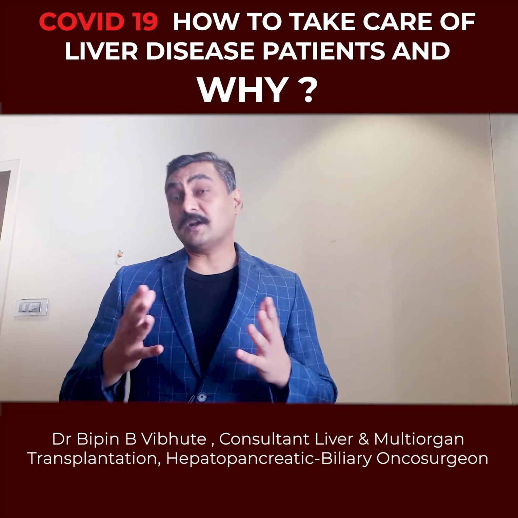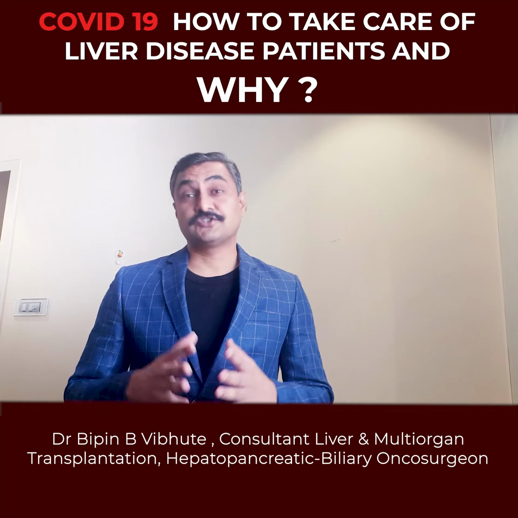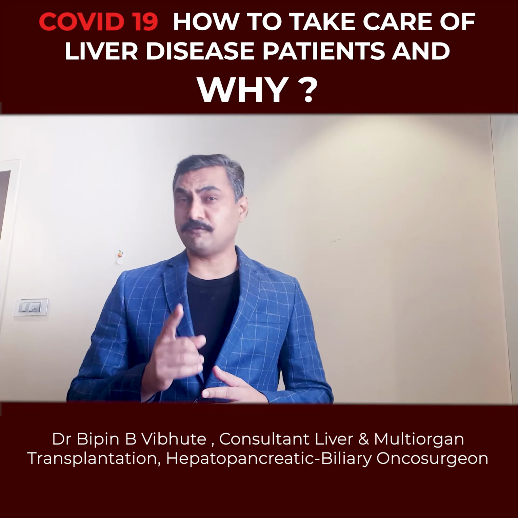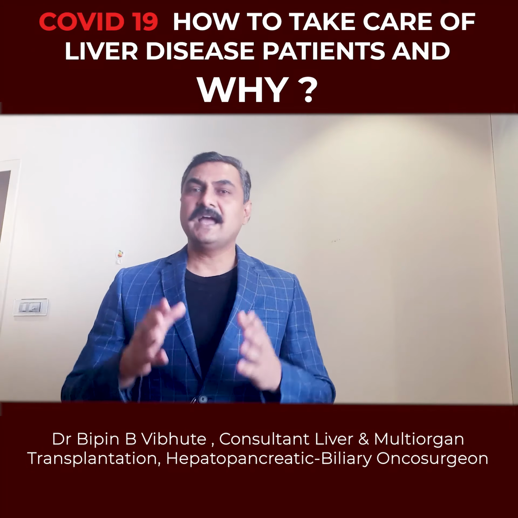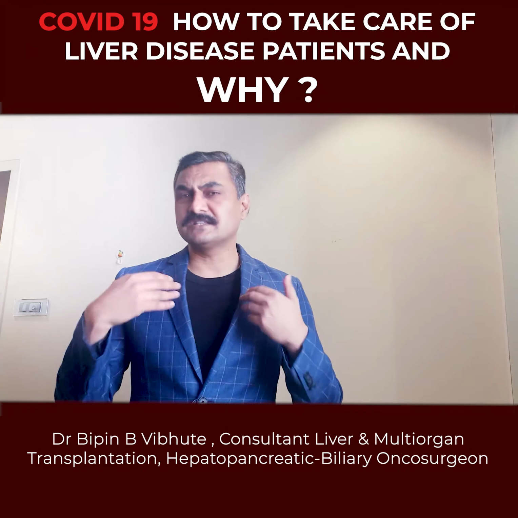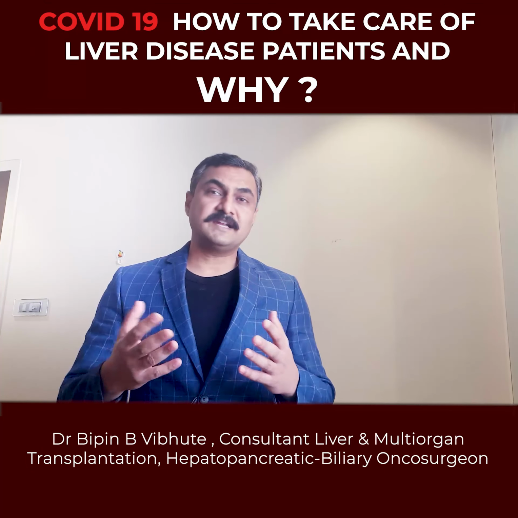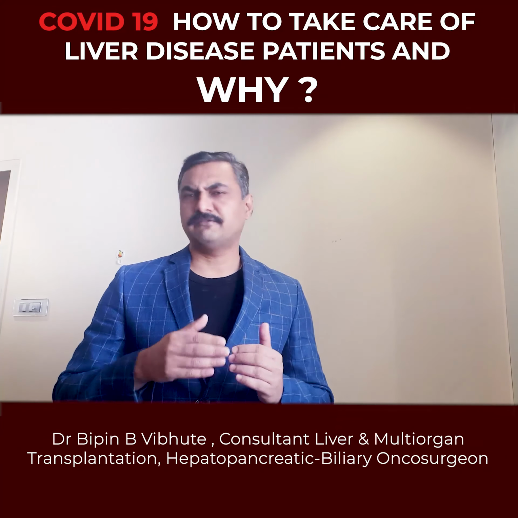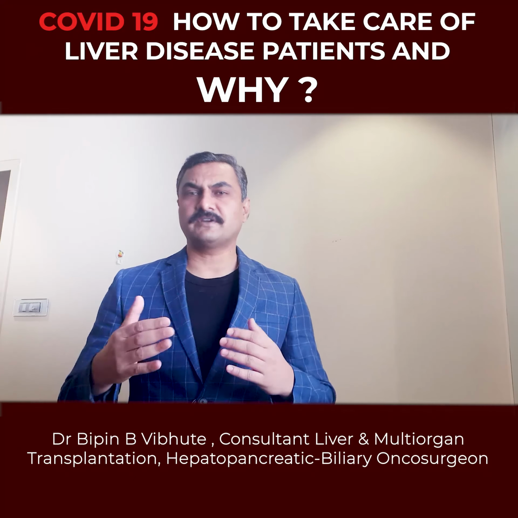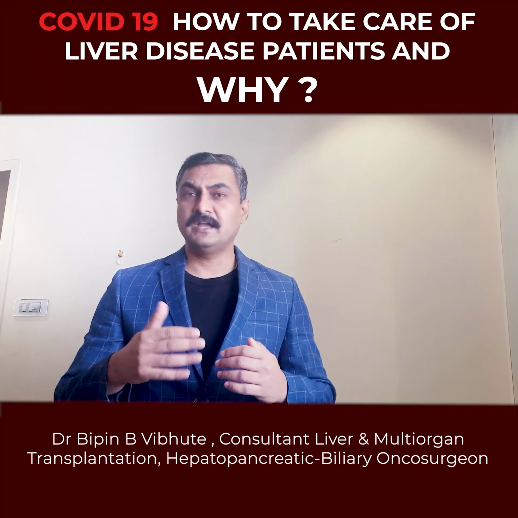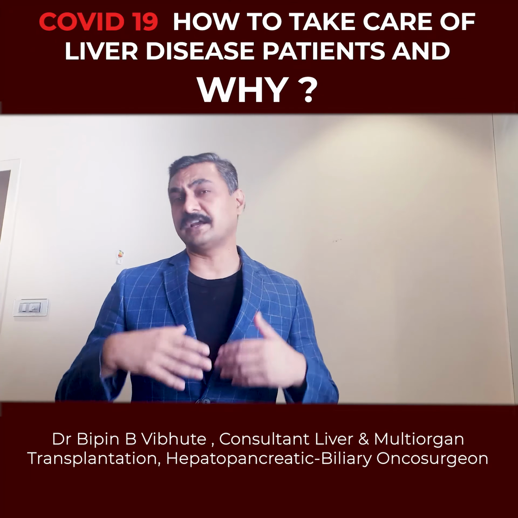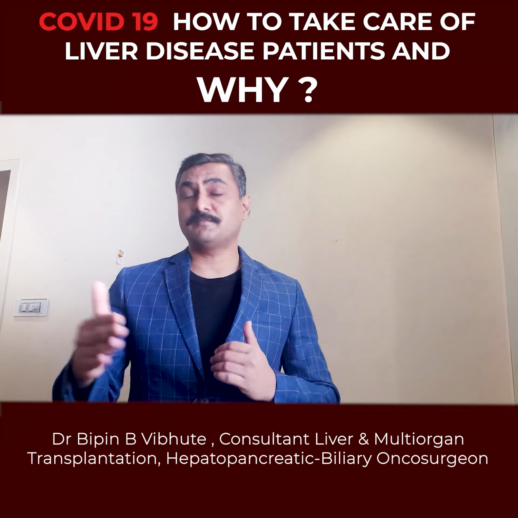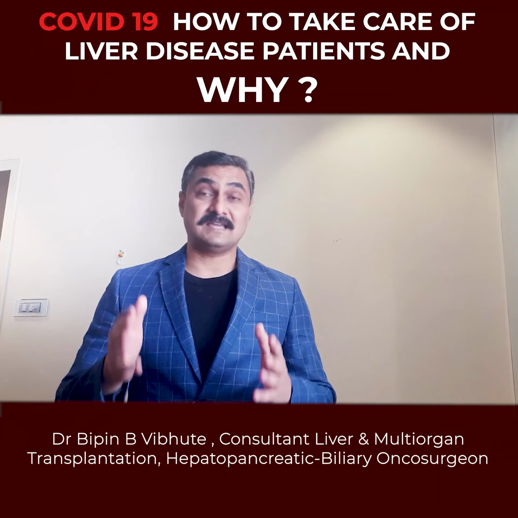So fourth thing, what precautions should liver disease patients take? First and foremost is social distancing. As I told, whenever they sneeze or cough, the droplets fall down, and whenever we simply talk, they fall down within a meter, and whenever they sneeze or cough, it can go up to 6 to 8 meters as well.